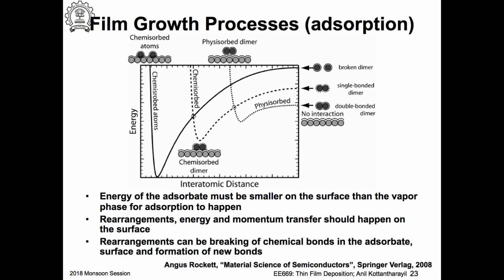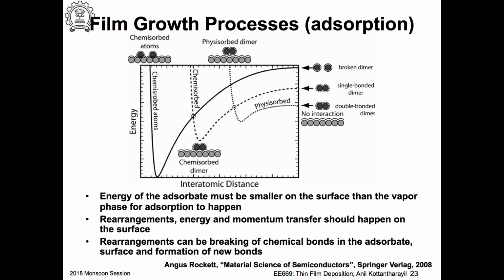So it might happen that on the way it decomposes on the surface, and then chemically reacts with the surface atoms. Okay? So then there is a chemical bonding with the surface atoms, and that is stronger compared to a physical attachment by weak van der Waals forces.